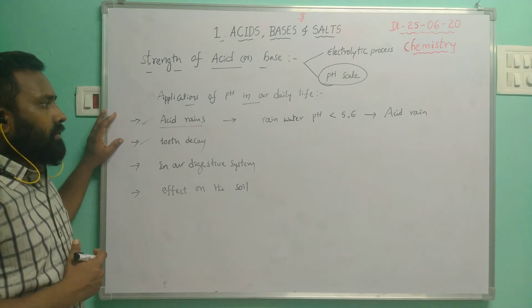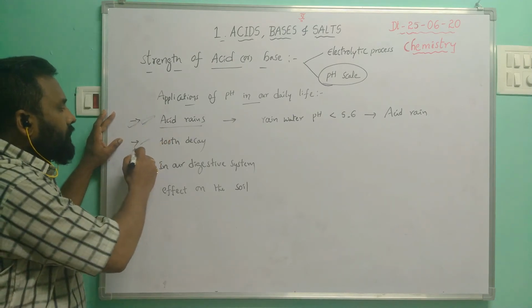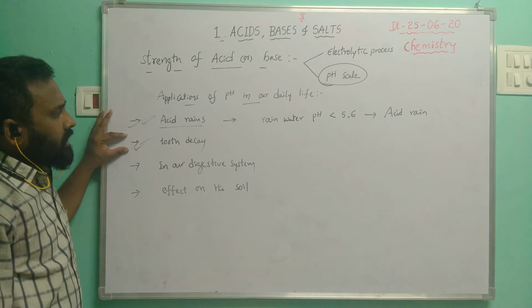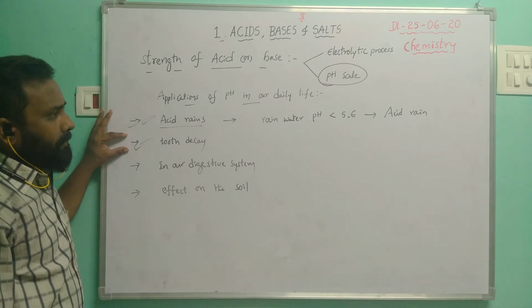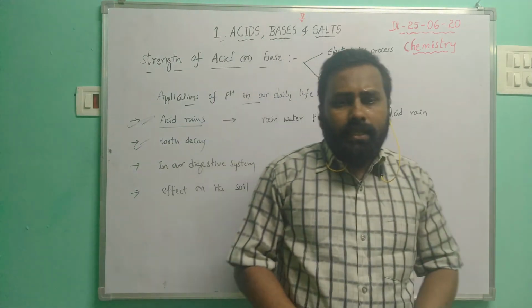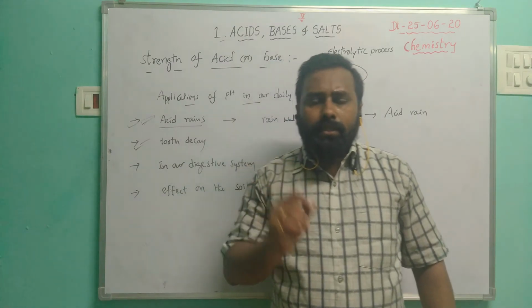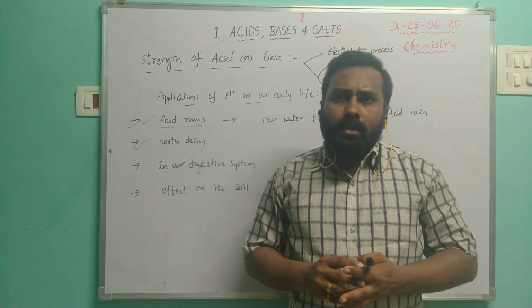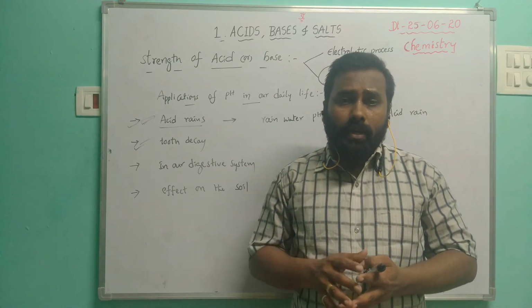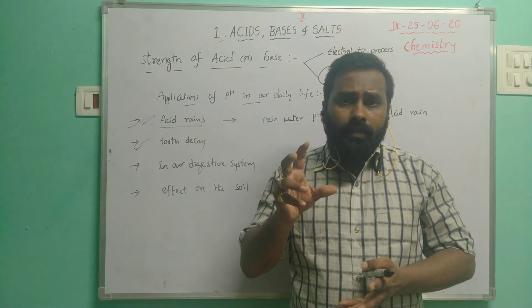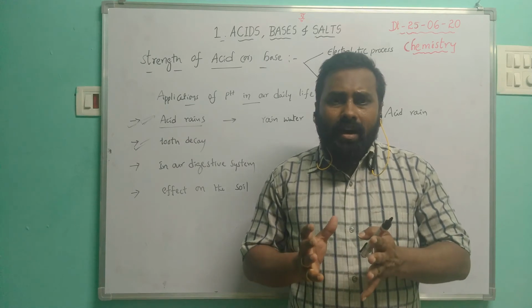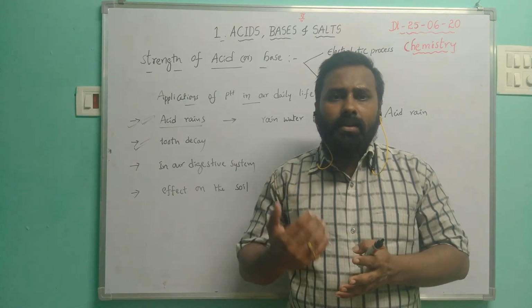Then tooth decay. We take so much food in day-to-day life, so many varieties. Those food particles are present between the corners of the teeth. The teeth are coated with enamel, made of calcium phosphate, the hardest substance in our body.